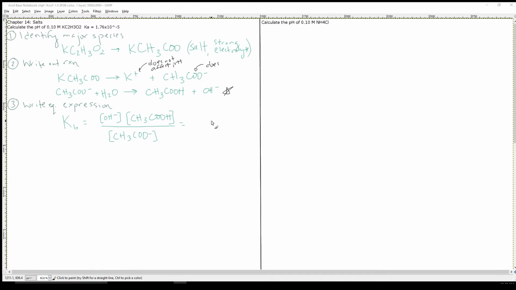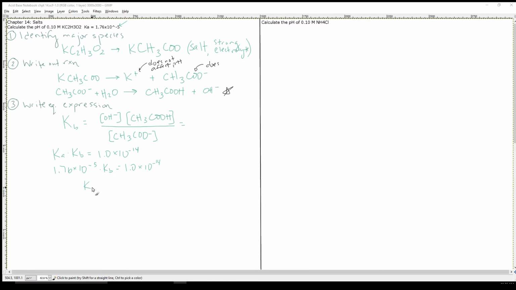Now, we don't know what Kb is equal to. We were given Ka. Do we have a way to change Ka into Kb? Yes, we do. We know Ka times Kb is equal to 1.0 times 10 to the negative 14th. So I'll say, okay, 1.76 times 10 to the negative 5 times Kb is equal to 1.0 times 10 to the negative 14th.